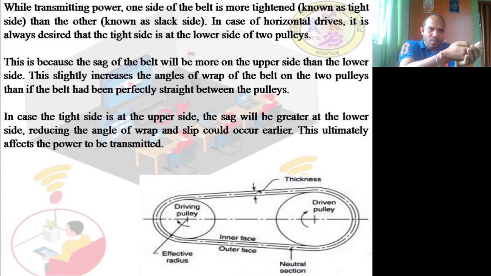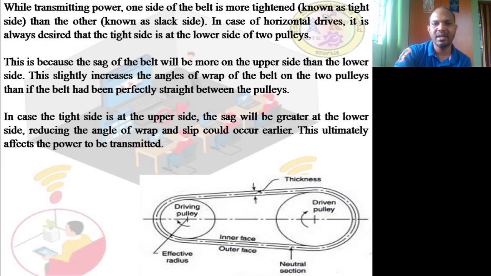So what happens when we are pulling forces from the bottom side? This experiences more tension, force or pressure. This is what we call the tight side, and compared to the tight side, the upper portion will be a little bit free, not completely, a little bit loose. So it is called the slack side.